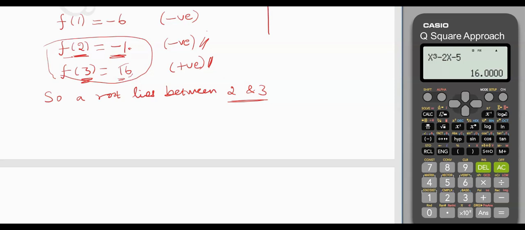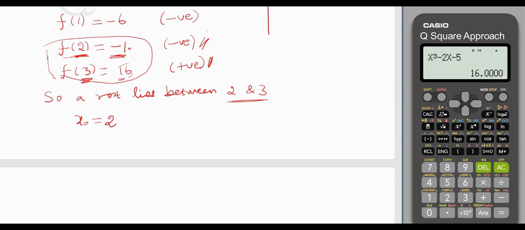So we may select x0 nearer to 2, like x0 is equal to 2 or 2.1 or 2.2. But now we are choosing x0 is equal to 2. Actually, one more way is there to choose x0. We'll use that idea in the next video.